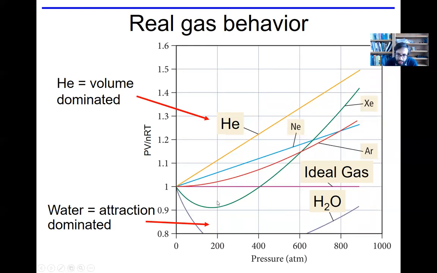Then you have ones in between like xenon that are both volume dominated and attraction dominated. But yes, helium is a very, very small inert gas, the most inert atom that there is. And so it really doesn't have any, or pretty low, component of this attraction quadratic term, right here.